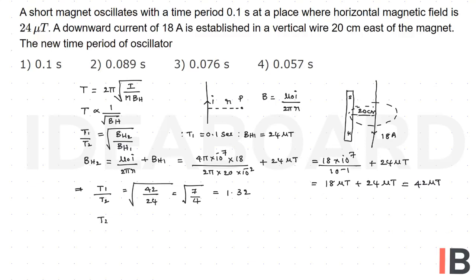Therefore T2 is equal to T1 by 1.32. T1 value they said 0.1. So 0.1 by 1.32 is equal to 0.076 approximately.